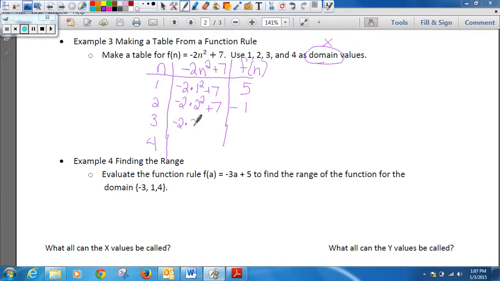Negative 2 times 3 squared plus 7 gives you negative 11. And lastly, we have negative 2 times 4 squared plus 7, which gives us negative 25. This right here is a table for a function rule. Here's your inputs, your function rule, and your outputs.